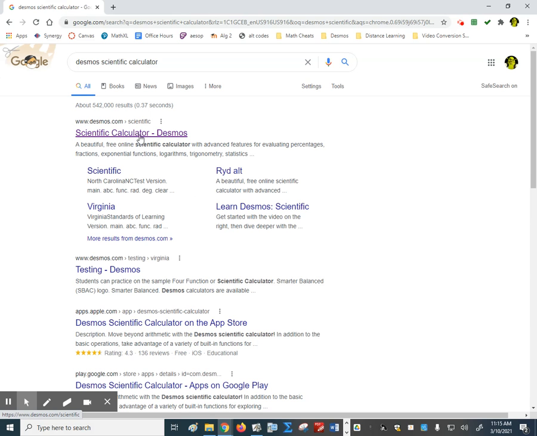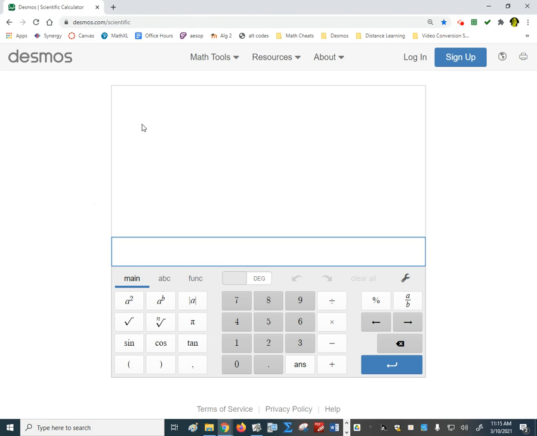Now, I would create an account if I were you. You can actually save some stuff in there, but you don't have to do that now, just as long as you have it bookmarked. So go up to the star in Google, or whatever browser you're using, and bookmark this thing, so it's always there, okay?